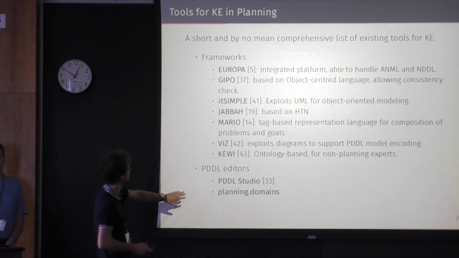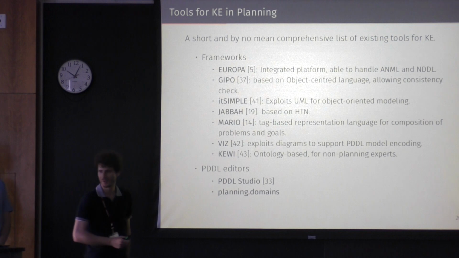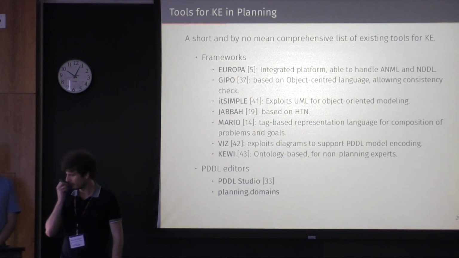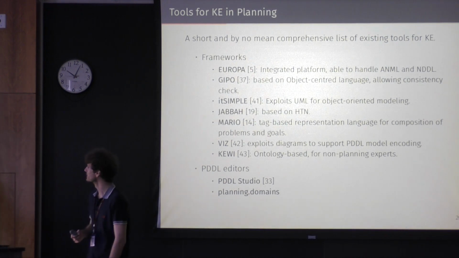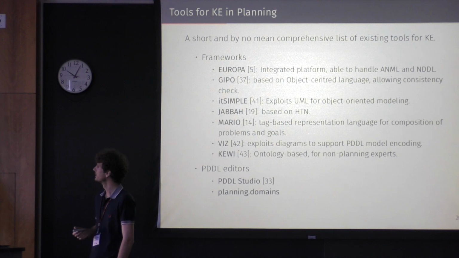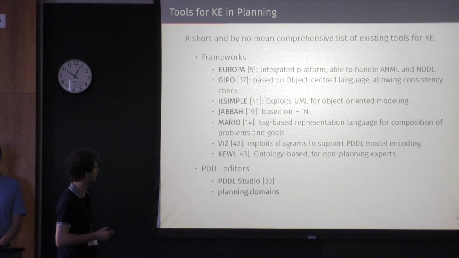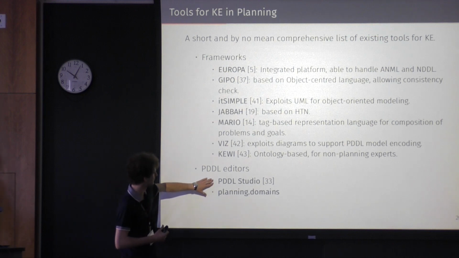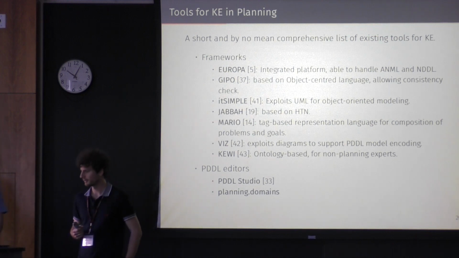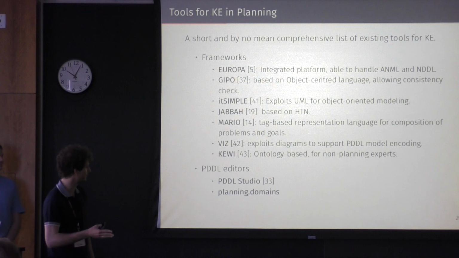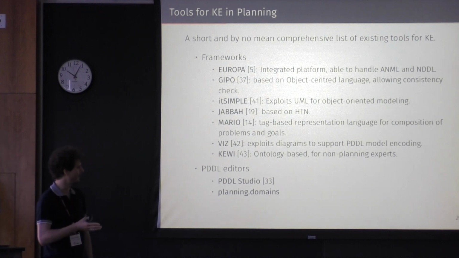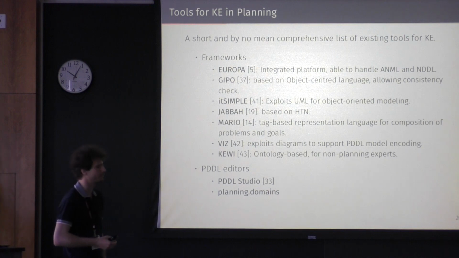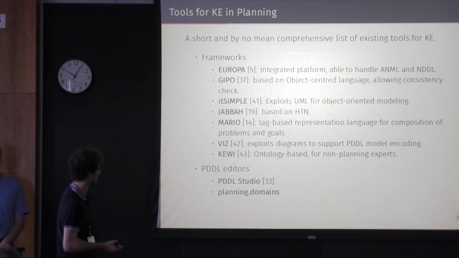So starting from the shortest class, PDDL editors, we have PDDL Studio, which was introduced 2-3 years ago, I think. 2012. Oh, time flies. It is from Czech developers. And then planning.domains, which has been extremely recently introduced by Nir and Chris, who were also the winners of the last international competition on knowledge engineering for planning and scheduling.